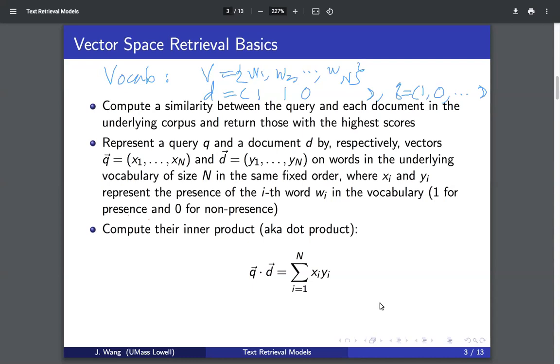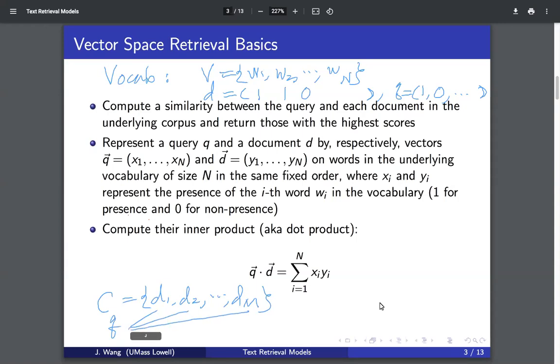Now you have a corpus, which means a collection of documents. Let's say you have M documents. You are presented with a query Q, and we're going to compare this query with each of these documents.